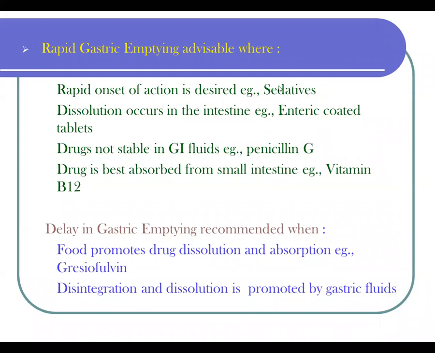And why do we want rapid gastric emptying to happen? Because of these reasons: for a rapid onset of action, for dissolution happening in the intestine, to improve stability, and to make the drug reach the target absorption site, that is the small intestine.